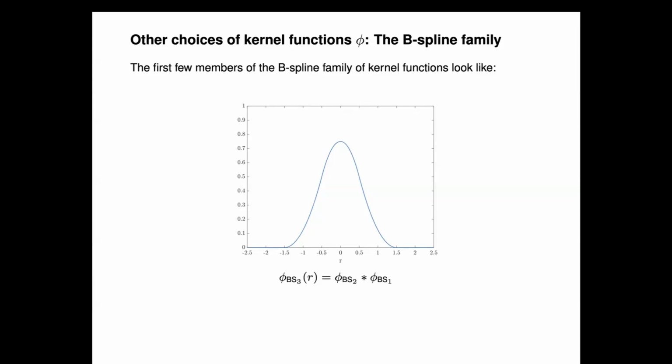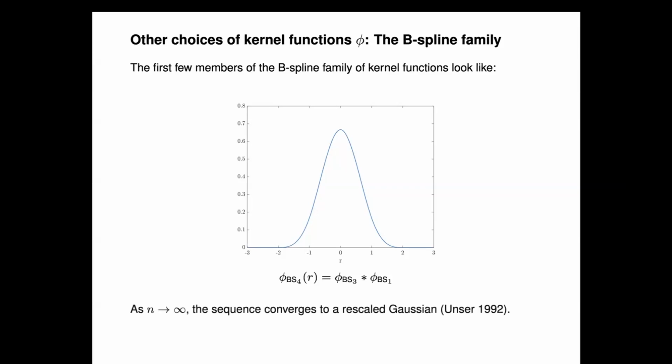And so this is a piecewise quadratic function with the support of 3 mesh widths. And then you can keep going. This is a 4-point kernel. It's piecewise cubic, supported over 4 mesh points. And if you iterate this, it ultimately will converge to a Gaussian, which seems like a nice property.